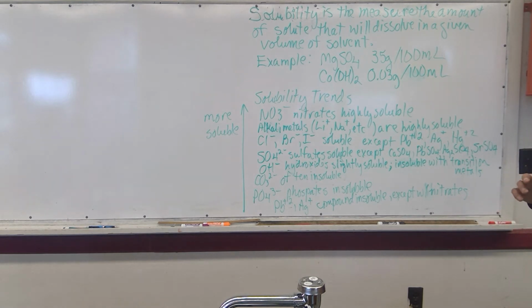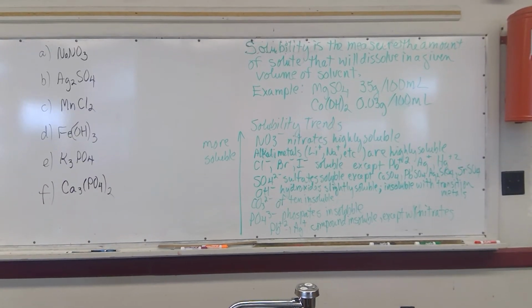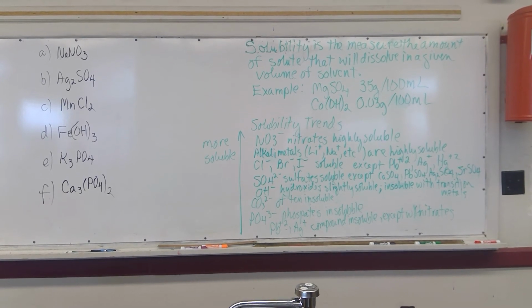So what we're going to do is take a look at a few compounds and see if we can predict their solubility. We have 6 compounds that we're going to look at and see if we can predict fairly accurately if they will be soluble in water, slightly soluble, as in fairly low solubility, or insoluble.